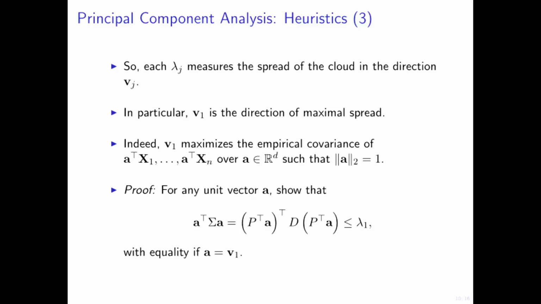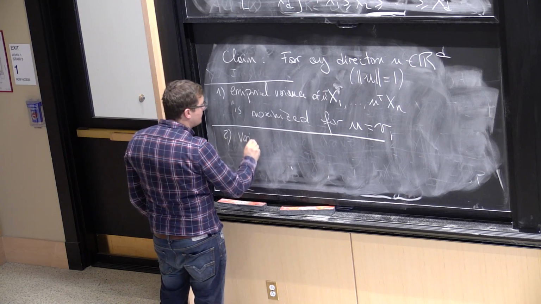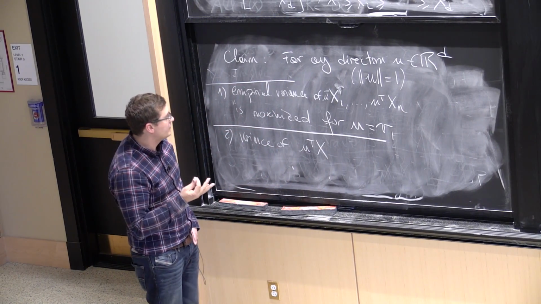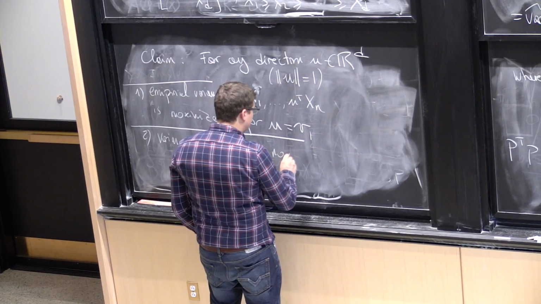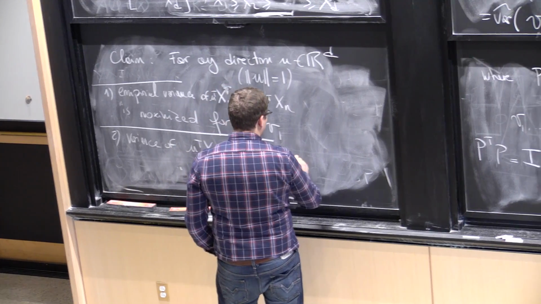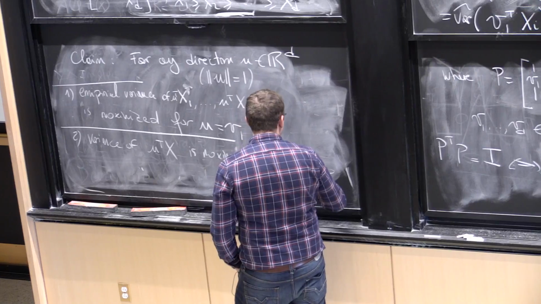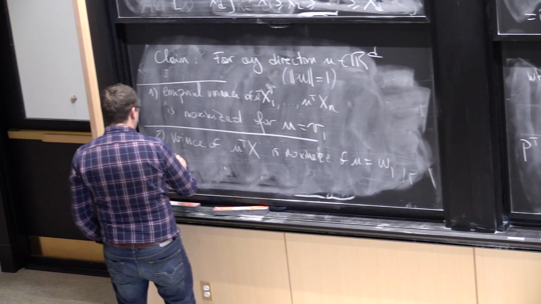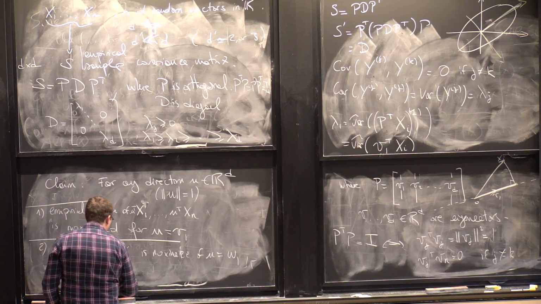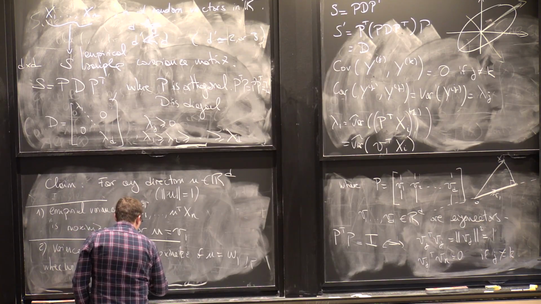So why is that true? Well, there's also a second claim: for any direction u, the variance of u transpose x, now this is just a random variable, and I'm talking about the true variance, is maximized for u equals, let's call it W1, where W1 is the eigenvector of sigma.